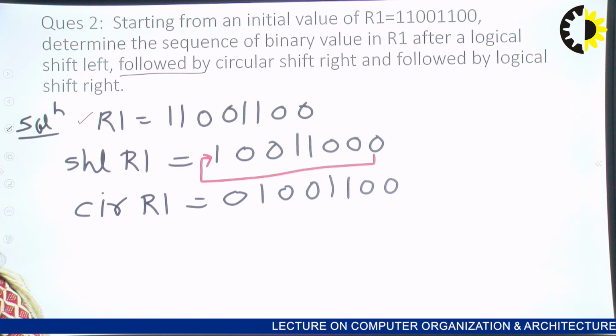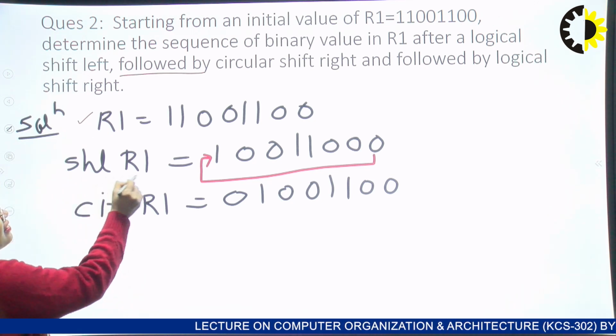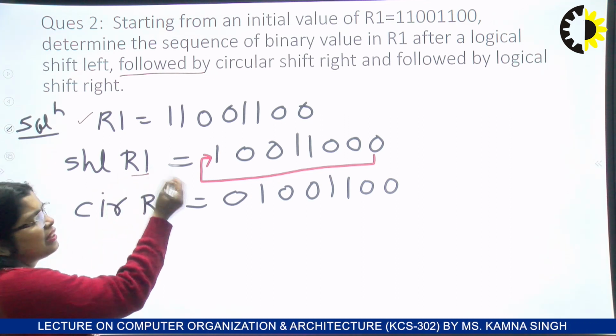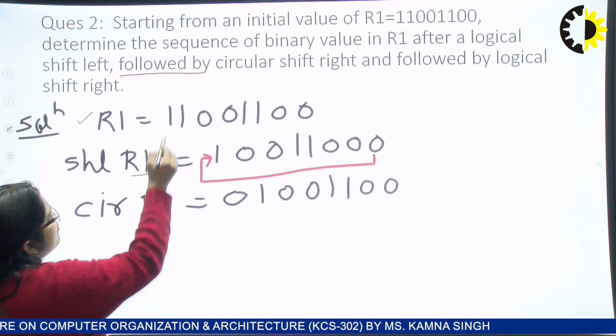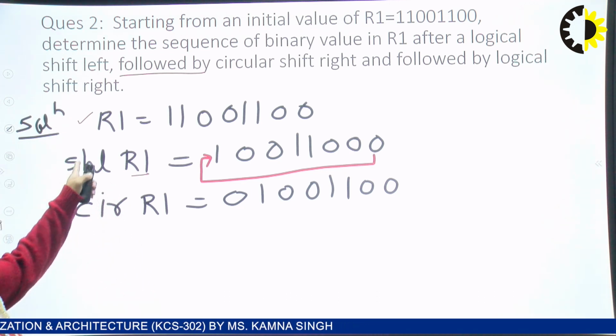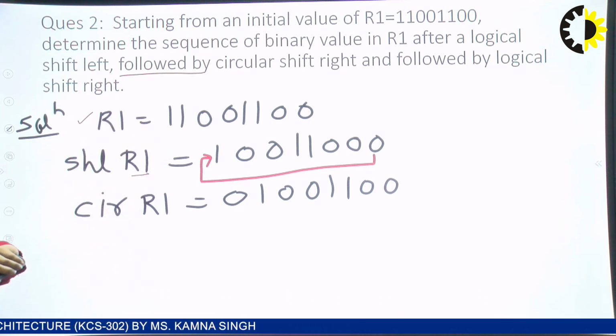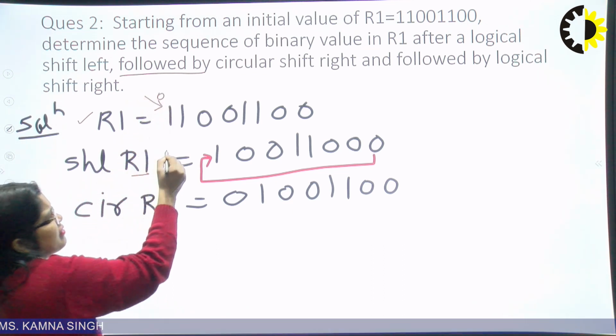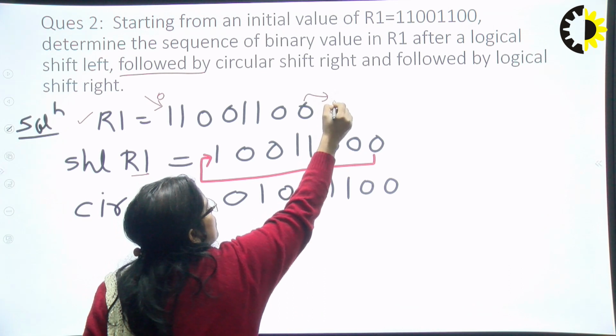First, R1 is this value. Now SHL R1 is there. What is shift left R1? In the shift left, the 0 will be inserted and this value will be lost.